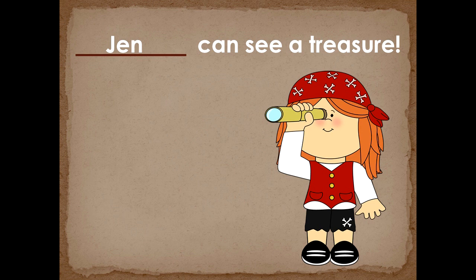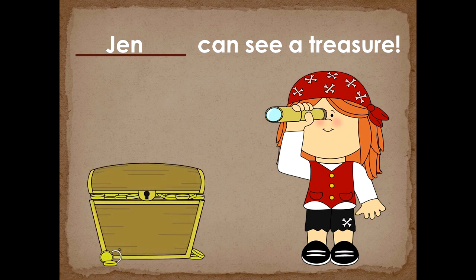That is so much better. If you think this is a sentence, I want you to say aye. If not, say nay. Jen can see a treasure. Aye. It is a sentence because now we have a subject and it makes sense. Oh, and not only Jen can see the treasure, now you can see it too.